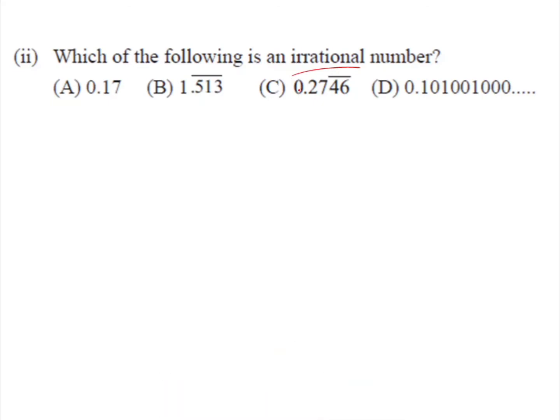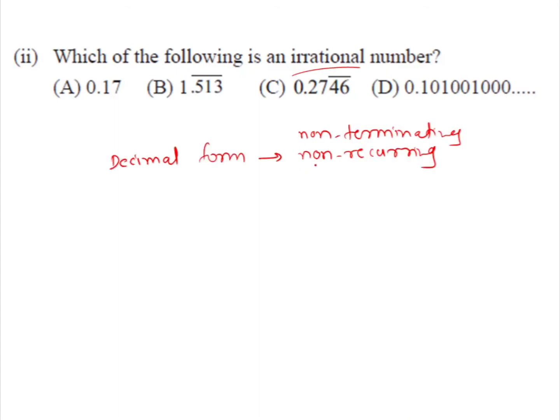irrational number, we know that the decimal form of an irrational number is neither terminating nor recurring. So if it is the case, then we can say that it is an irrational number. So to be an irrational number, the decimal form must be non-terminating, non-recurring.